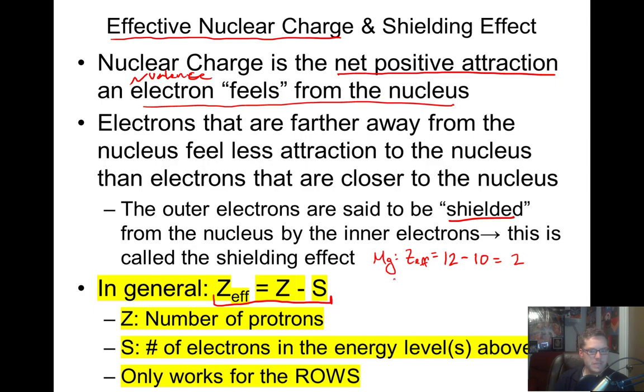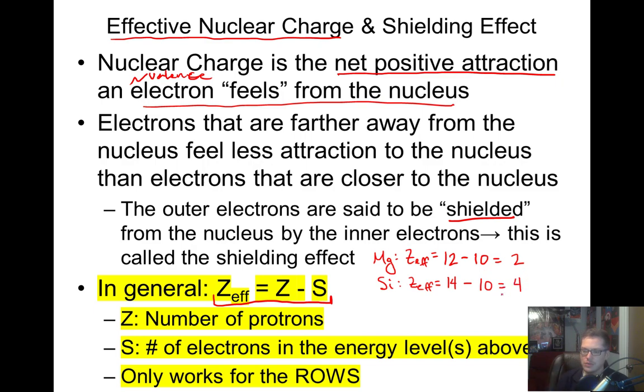All right, let's do another one. How about silicon? The Z effective for silicon: silicon's atomic number is 14. We're going to subtract out the shielding electrons, so above it is neon again, so that's 10, so 14 minus 10 gives us 4. So the Z effective for silicon is 4.